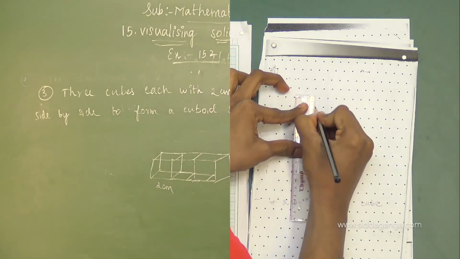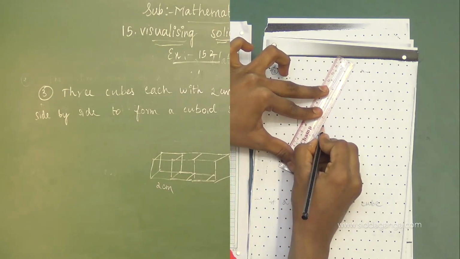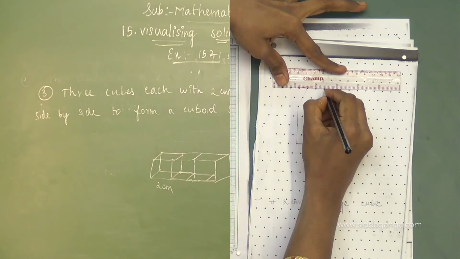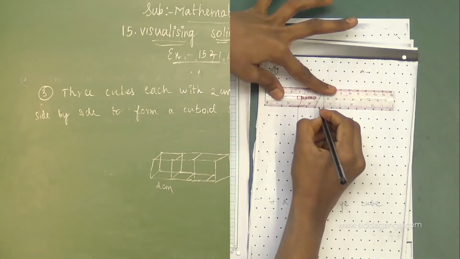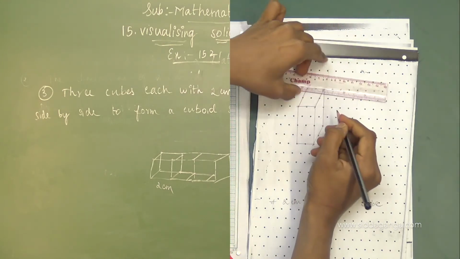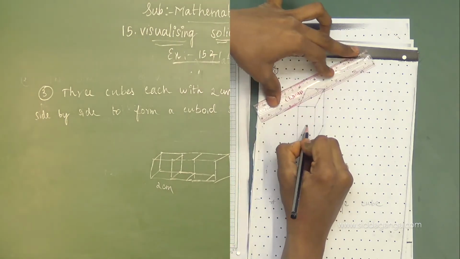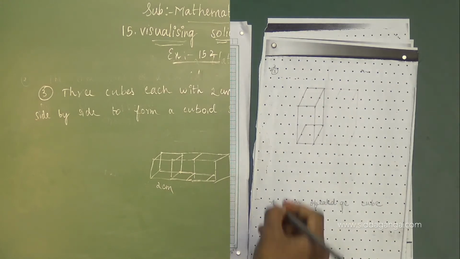All sides are equal. Height is also equal. Correct? First length 2, breadth 2, height 2. That first I have drawn. This is 2 centimeters, each edge is of 2 centimeters.